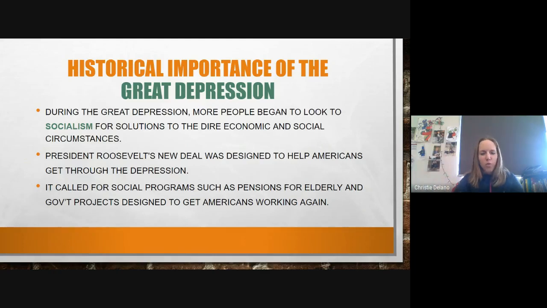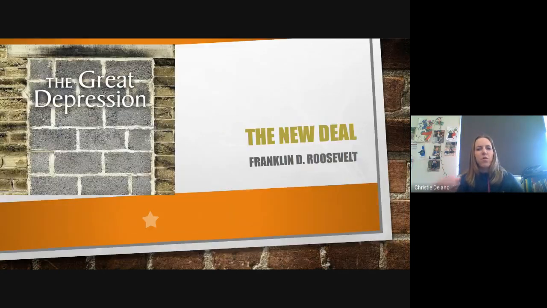Now, Canada has its own program that we'll look at a little bit later through an activity. Ultimately speaking, it's called for social programs, pensions, employment insurance, in order to get people working again and spending money again. Because if people have money, they are going to spend it. So let's talk about, just briefly, Franklin Roosevelt's New Deal.